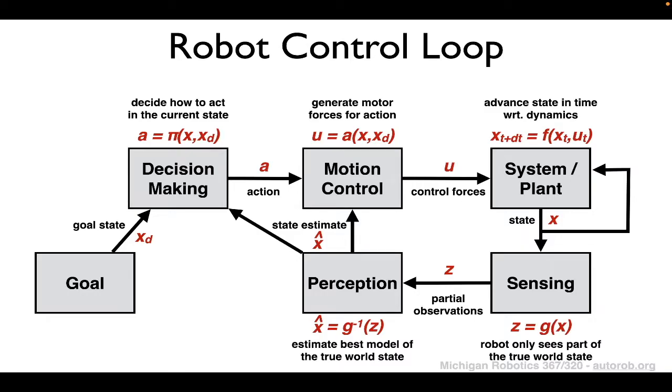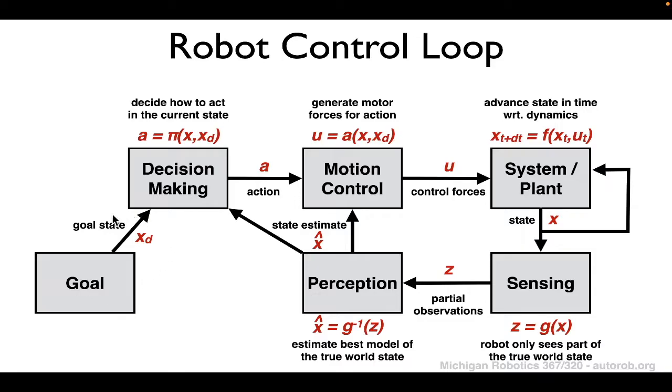Within the typical robot control loop, we'll have some goal state that's expressed to the robot that we would like the robot to achieve. This could be a location in 2D space in the topic of path planning, or it could be a given configuration state that we want the robot to take if it's a mobile manipulator, for example.